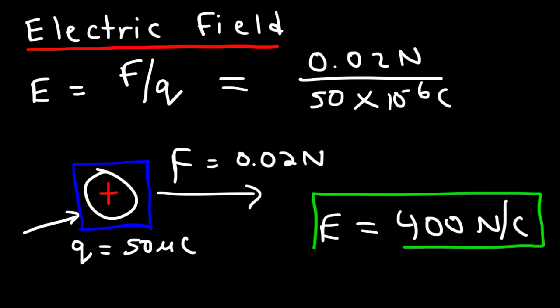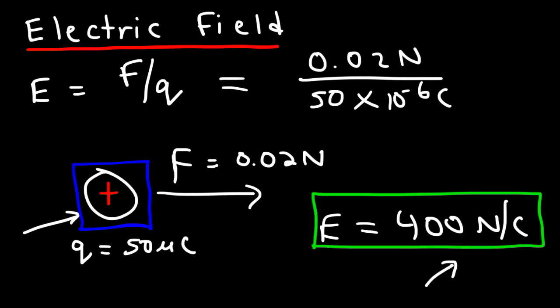And so the electric field is basically the ratio between the force exerted on a charge divided by the magnitude of that charge. So think about what this number means. This electric field tells us that at that point, it can exert a force of 400 newtons for every coulomb of charge.